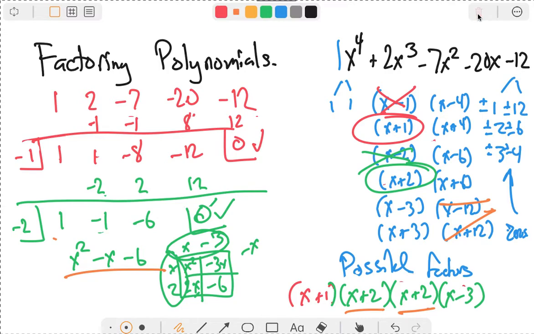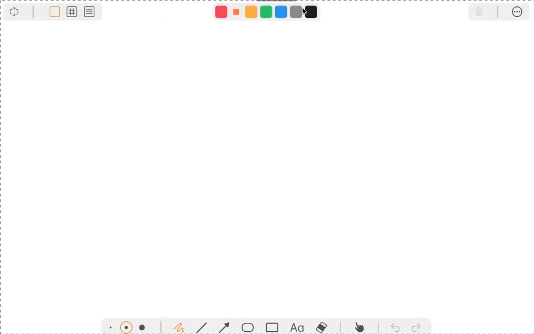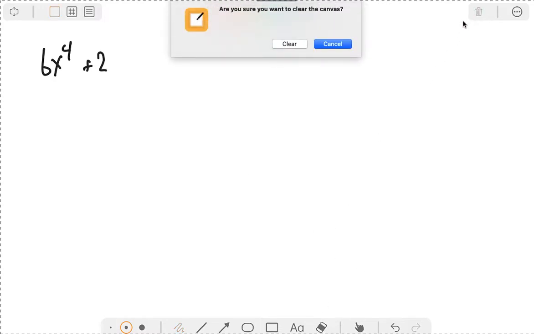Let's give you one for you to try. See if you can make sense out of this. See if you can work through one of these. Let's be nicer to you here.